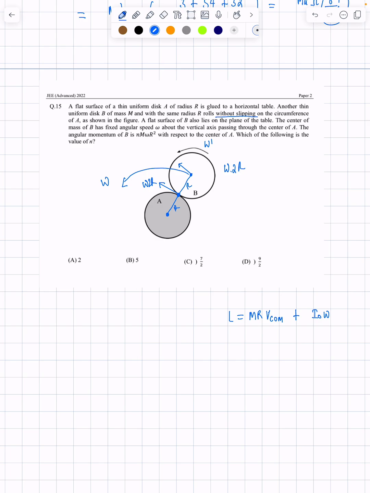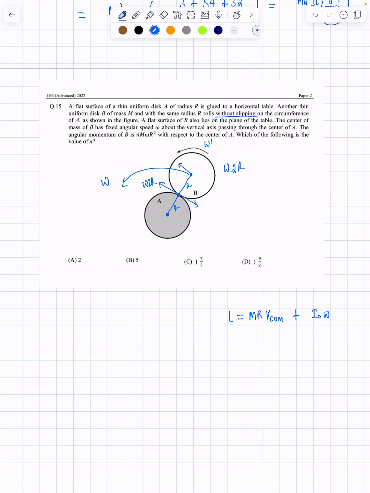Let's say disk B rotates around its own axis with omega prime. The tangential velocity due to rotation around its own axis will be in this direction, because omega prime is counterclockwise.